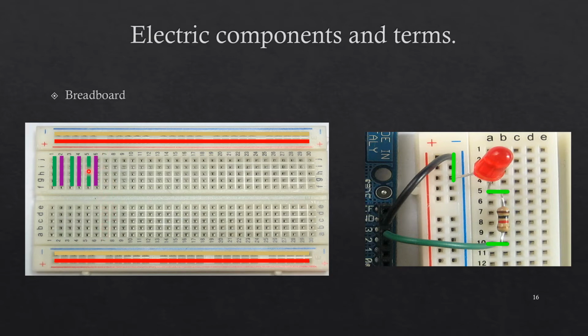If you connect 5 volts to this pin right here, it will also be connected to all of those pins horizontally. We can use this to our advantage to have the GND connected to the breadboard, and then connect your parts directly to that row of GNDs.